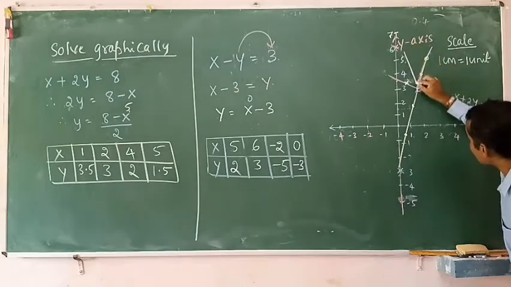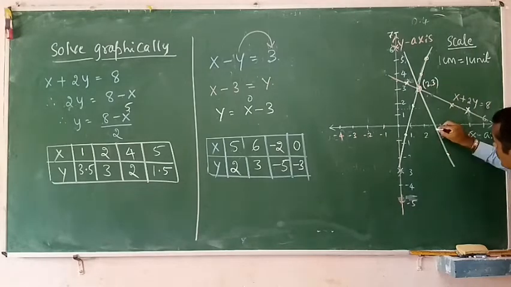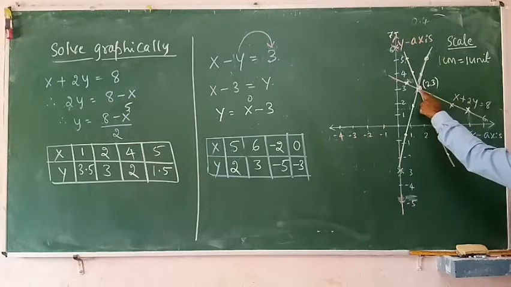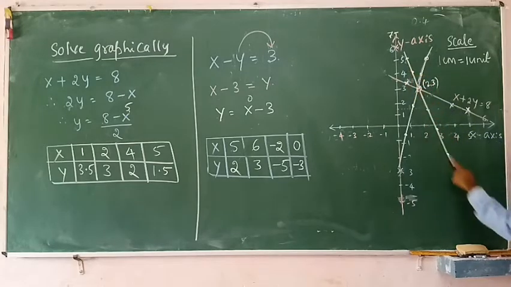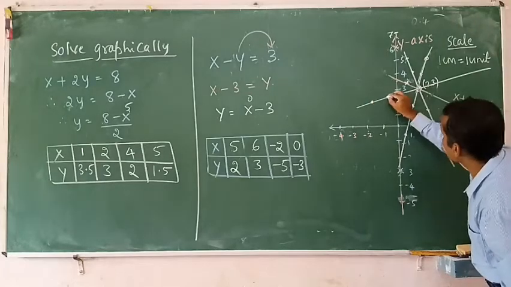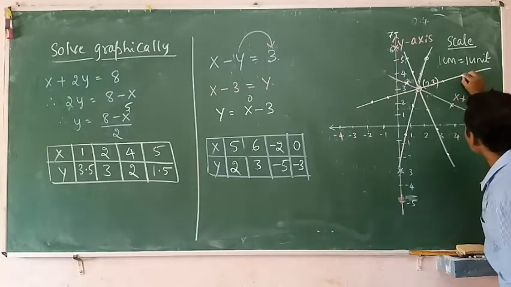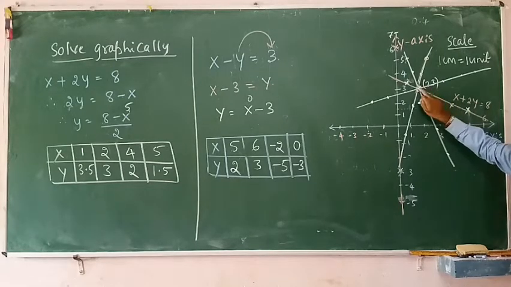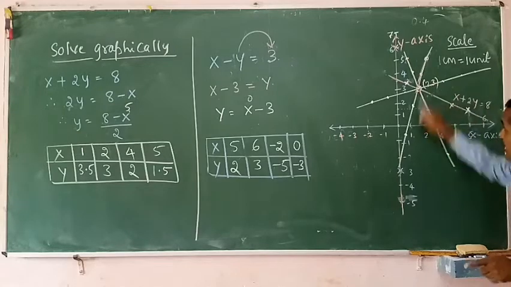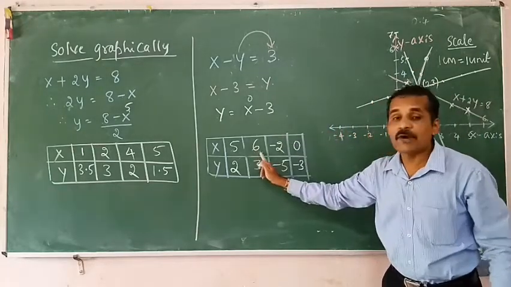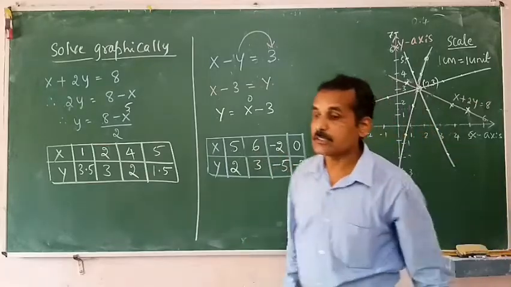There may be one more line like this, in which these are all the solutions of the equation. But this is the common solution for this straight line also. For all these equations, this is a common solution. So we say every solution has infinite number of equations, and every equation has infinite number of solutions.